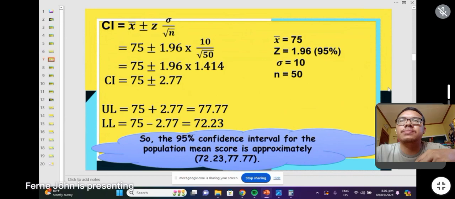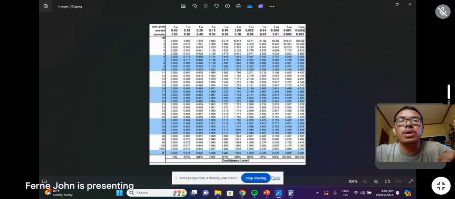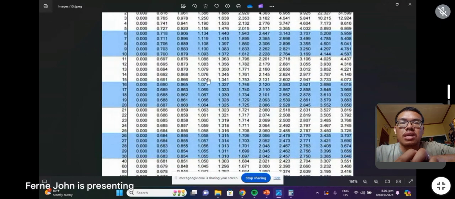Okay, so first things first, let us substitute. For the sample mean score, we have 75. The z-score here is 1.96. To find the z-score, we will use the t distribution table.